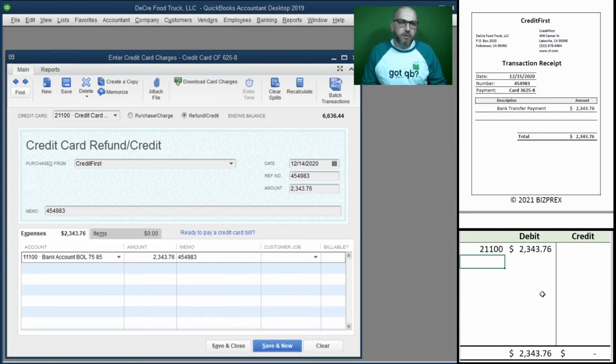Our debt with the credit card will be reduced because we're paying it down. So this window right here is a debit for this account 21,100. What else is happening? Well, we're paying it out of our bank account, and thus the money will leave that account and the balance will be reduced. And bank account is an asset, and thus it is reduced by being credited. It makes sense, right? We got to enter the credit. We got to have that offsetting entry.